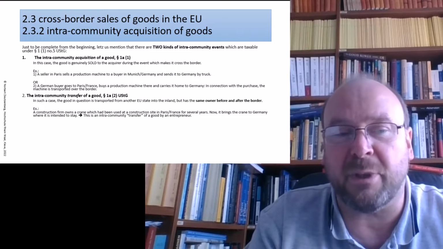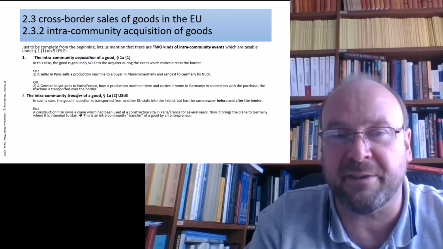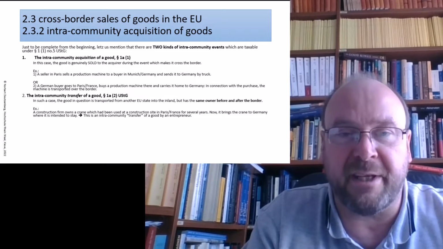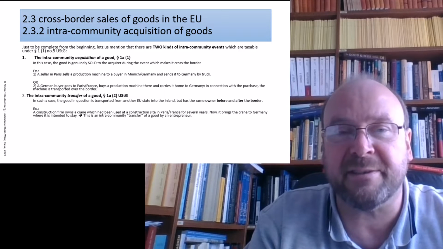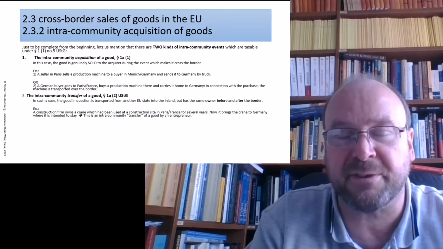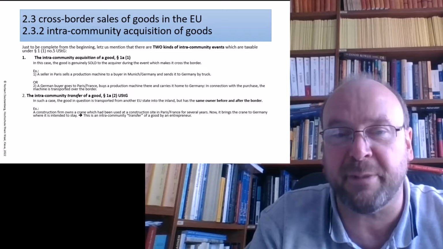And that is what 1A2 says. If you bring a good which already belonged to you in the other country, from there to the inland, you will have to declare it as an intra-community transfer so that the fiscal administration gets the information.